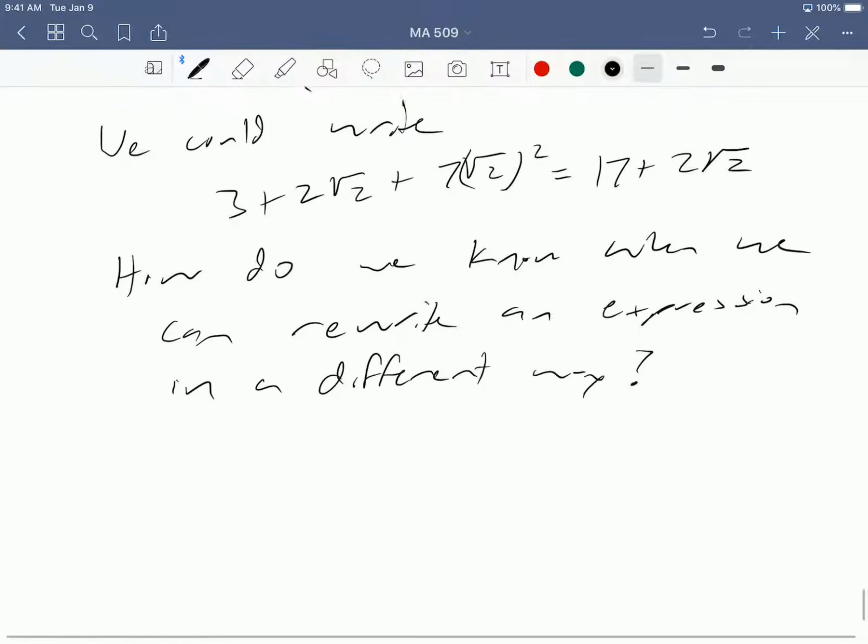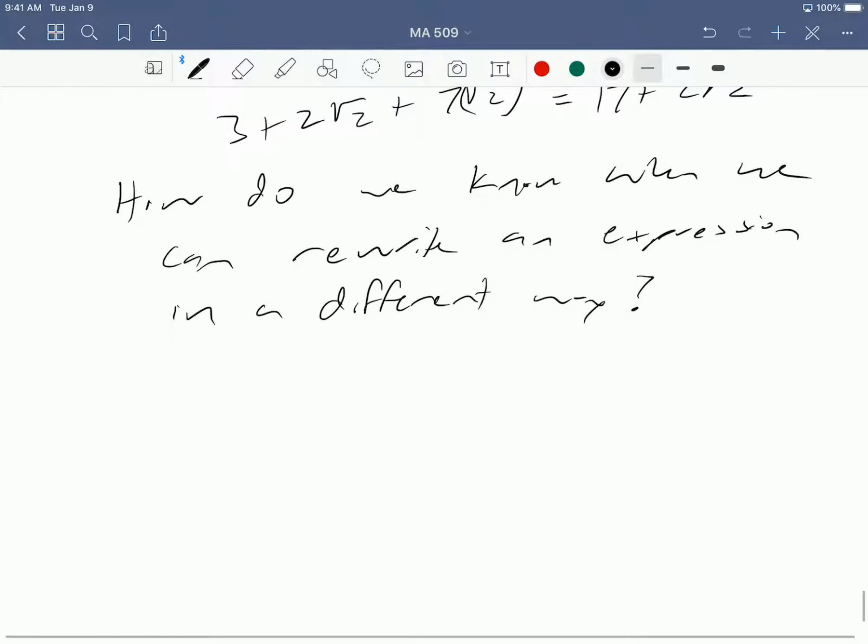And we're going to take that question and frame it as how do we know, or when can we write 0 in a different way?